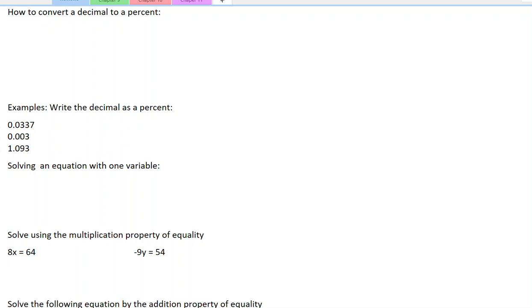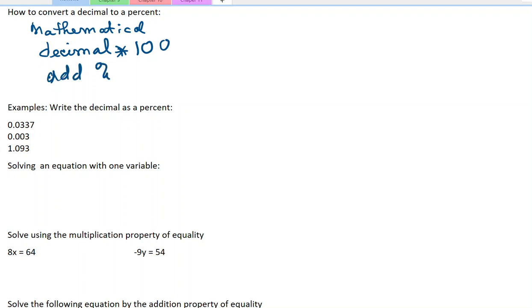So if we do it mathematically, because we know a percent is parts of 100, we're going to take the decimal, multiply by 100, and add the percent symbol after the product.